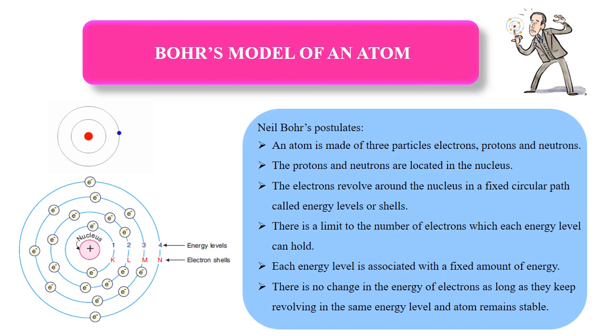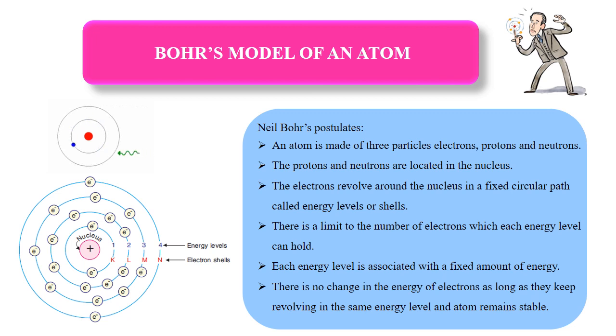For example, the K shell can hold a maximum of 2 electrons. Similarly, the L shell can hold a maximum of 8 electrons. Each energy level is associated with a fixed amount of energy. The shell nearest to the nucleus has the minimum energy and the shell farthest from the nucleus has the maximum energy.